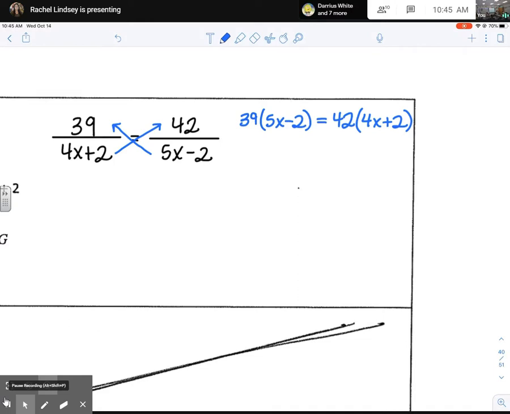I got 8. 35 over 40. 35 over 2x plus 2. That was the other way I told you to do it. So you could do 35 over 2x plus 2 equals 40 over 3x minus 7.